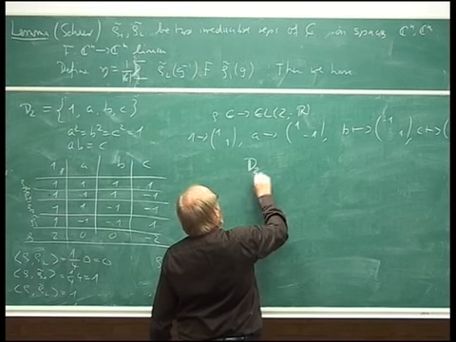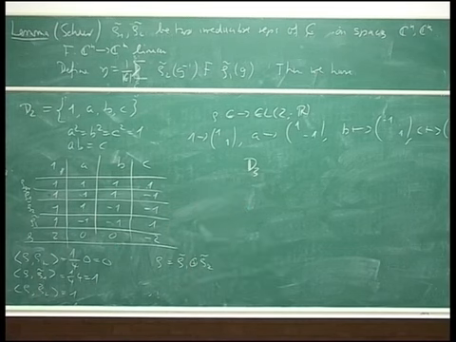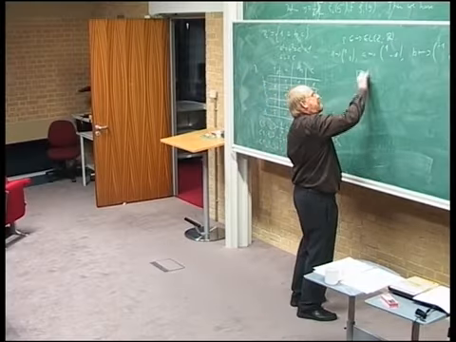You want to see one more application of this formula? So let's do a final step. We look at the group D3, which is the symmetry group of an equilateral triangle in R2, and it has 6 elements.